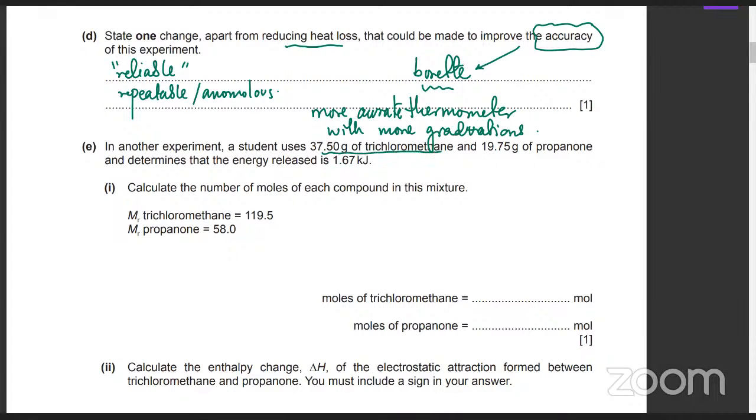Now I think this is the moles question. There's trichloromethane and propanone, and the energy release is 1.67. Calculate the number of moles of each compound in the mixture. You're given the Mr, so can somebody do this? It's 37.5 divided by the Mr of 119.5, and this one is 19.75 divided by 58. How many moles do we get for both?